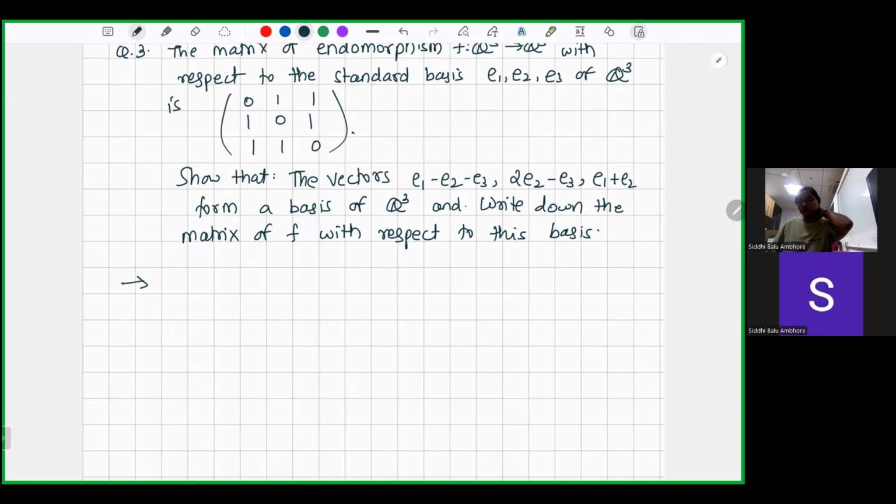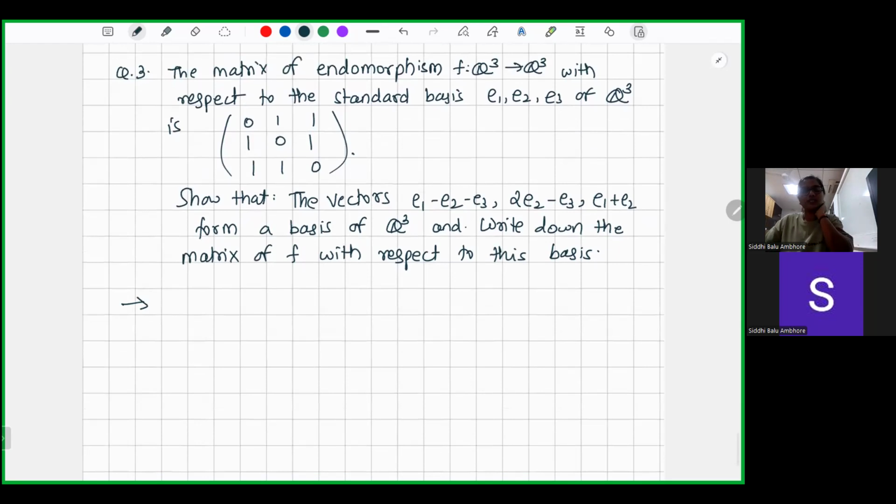So we are asked two questions. First the matrix of F is given in terms of E1, E2, E3, and we are asked to check whether this set here forms a basis of Q3 or not. And then we have to give the matrix of F with respect to this basis, meaning this basis here.